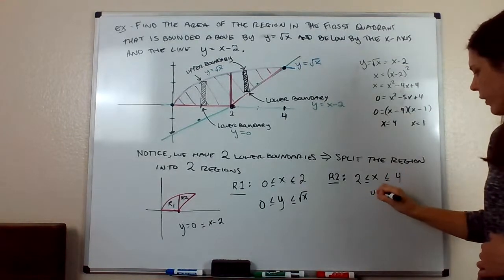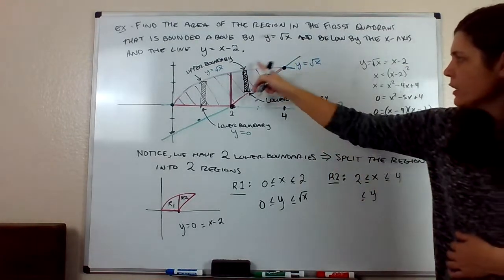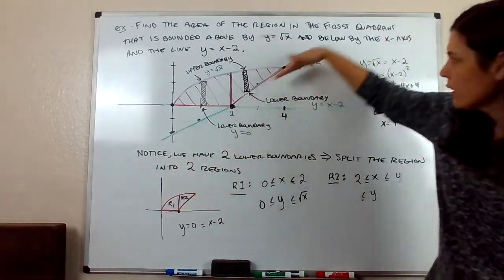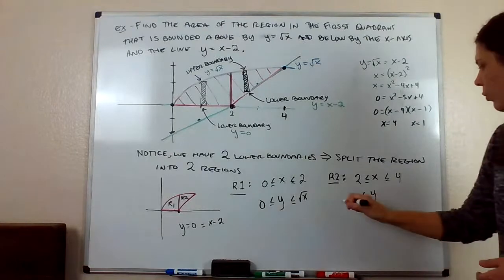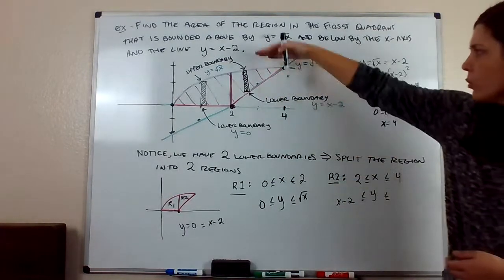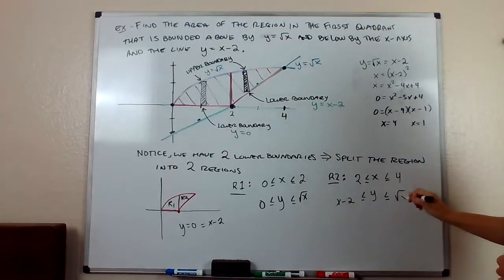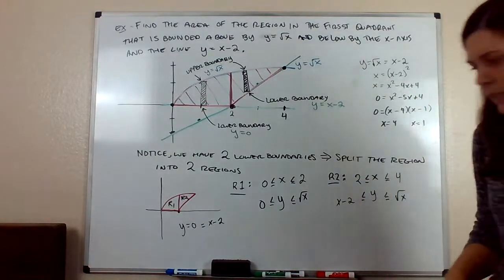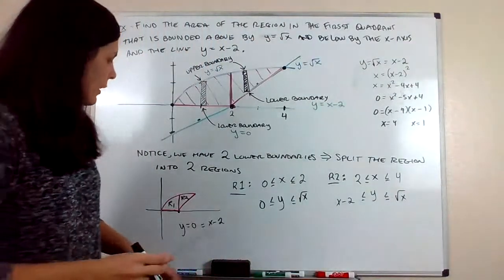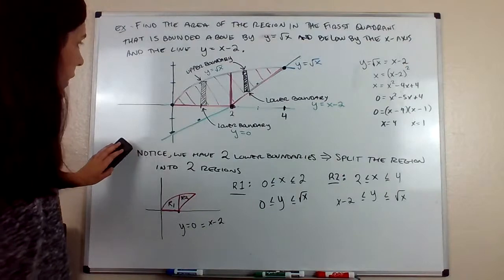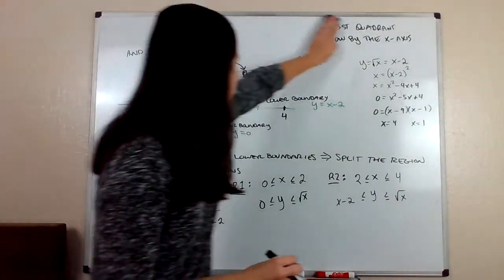And then our y values: the lower bound in this region was the line x minus 2, and the upper bound was still the square root. So we're going to add up the two integrals to figure this area out. Let's go up here.